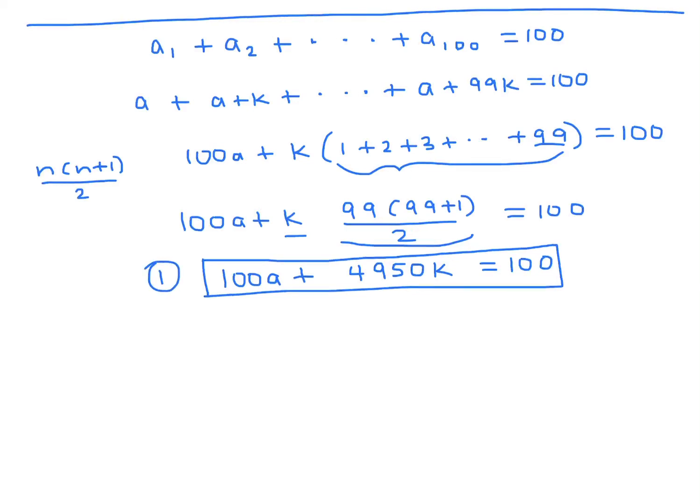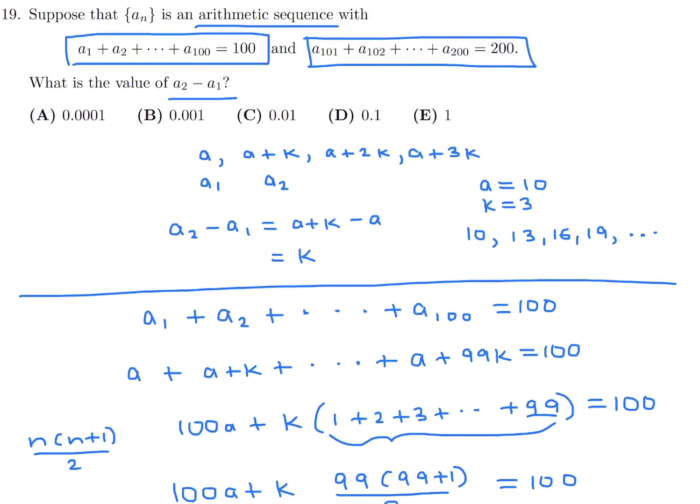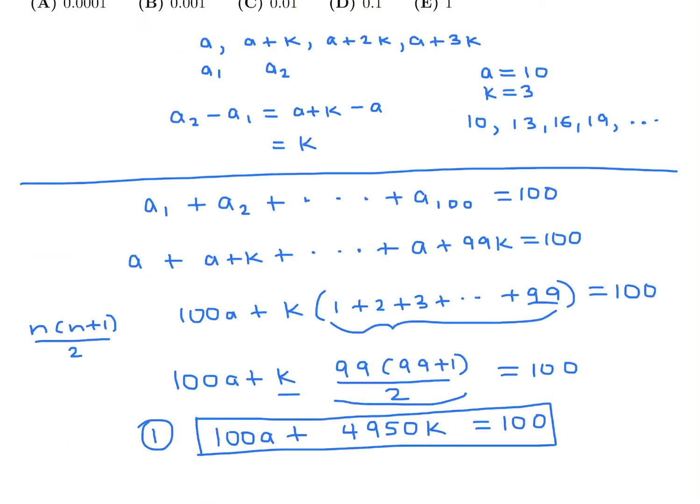Okay, now let's go to the next one that they give us, which is a_101 plus a_102 all the way until a_200 is equal to 200.